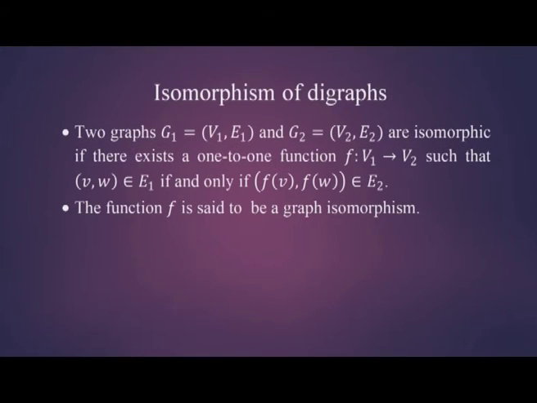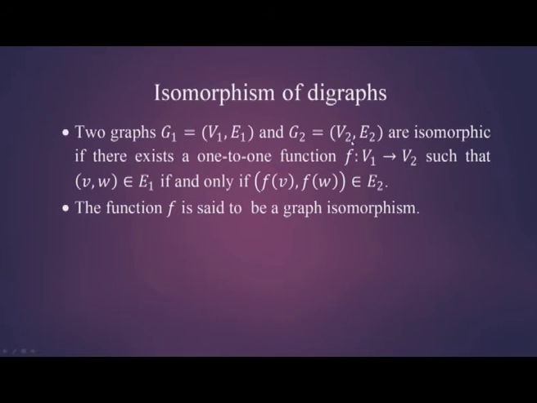Finally, we come to the idea of isomorphism of digraphs. Suppose we have two digraphs G1 given by the pair V1, E1 and G2 given by the pair V2, E2.